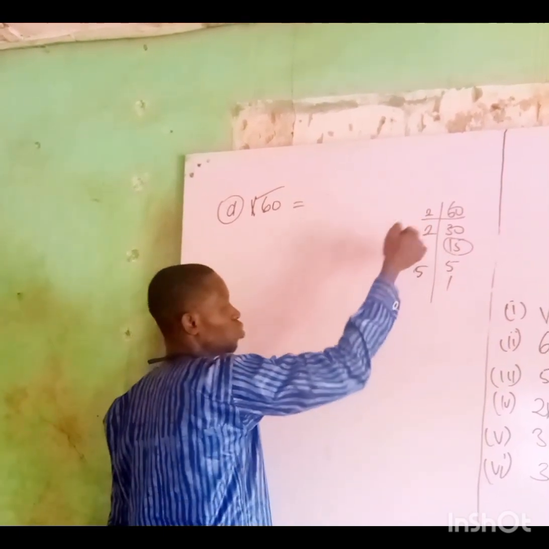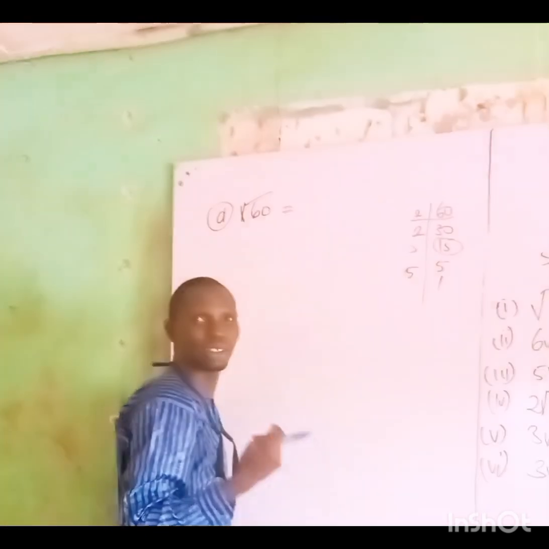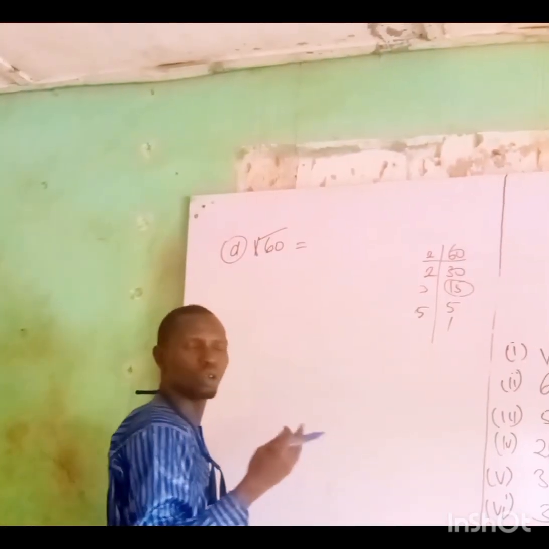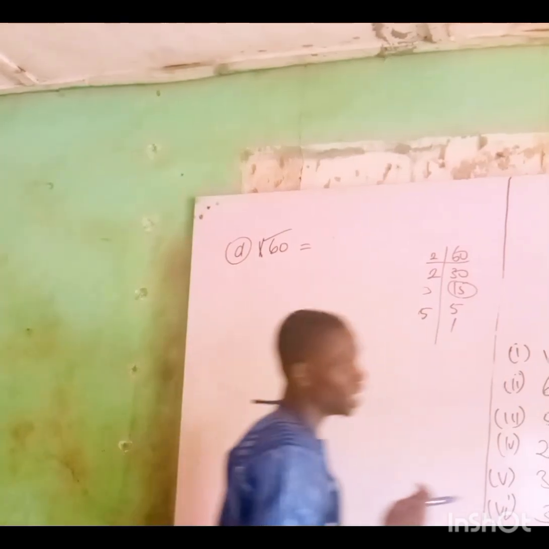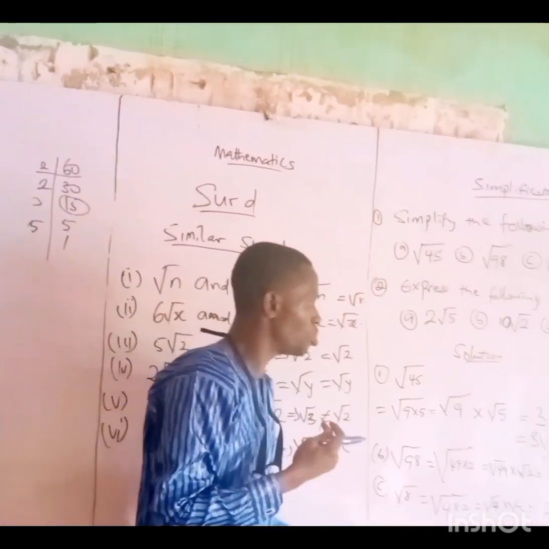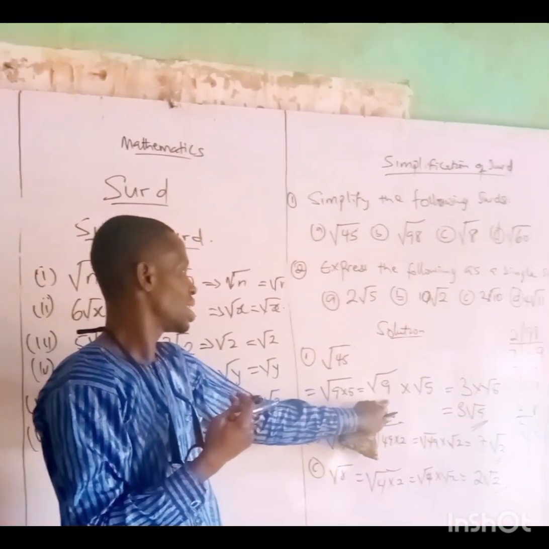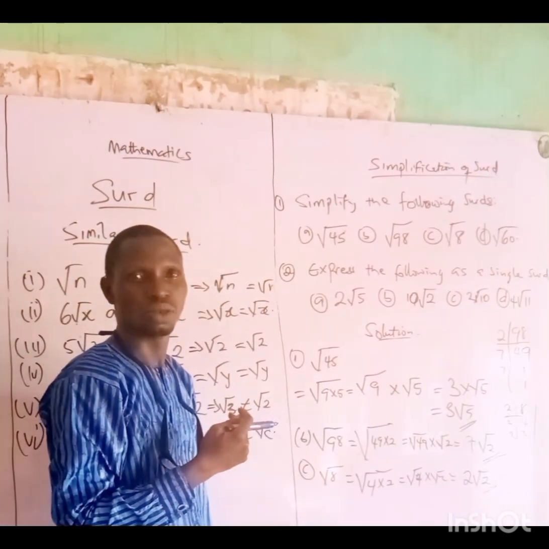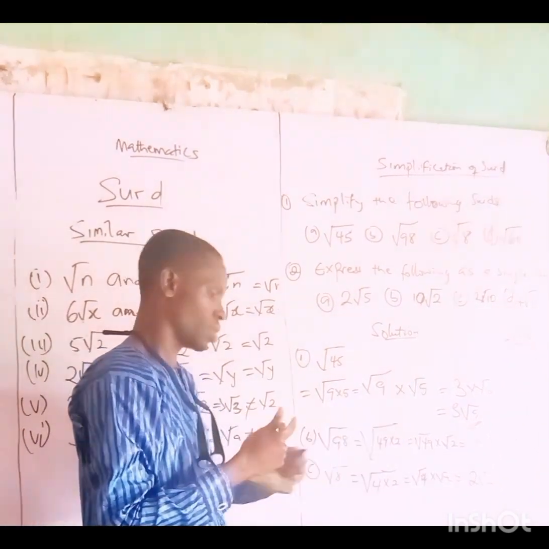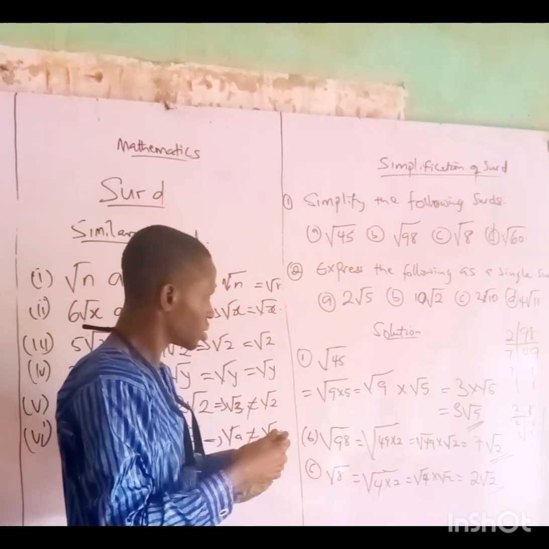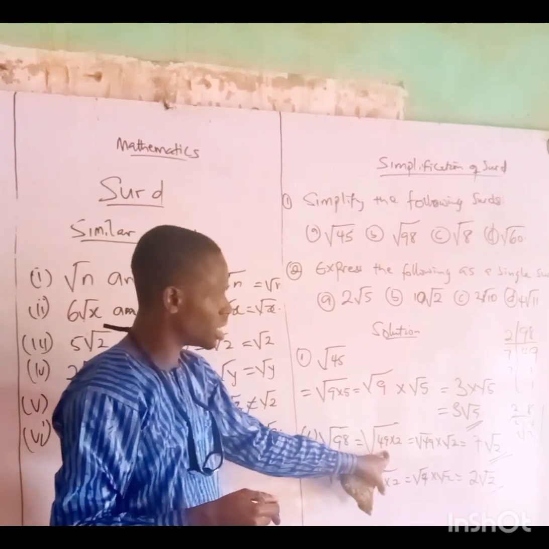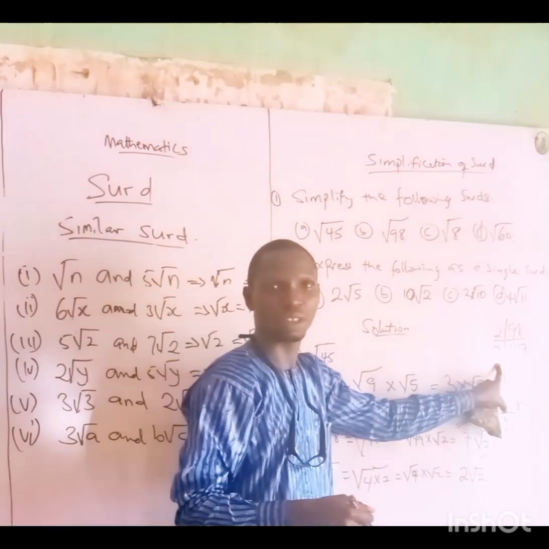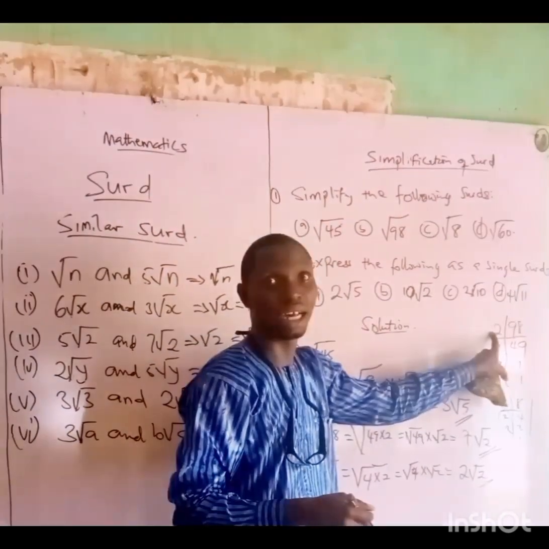So when you see, what we just need is a number that has a perfect square. If you understand all the ones we've been doing, we have been picking the ones with perfect squares. Look at the very first example. We picked 9 times 5. Now for the second one, we picked 49 and the remaining 2, we write it.